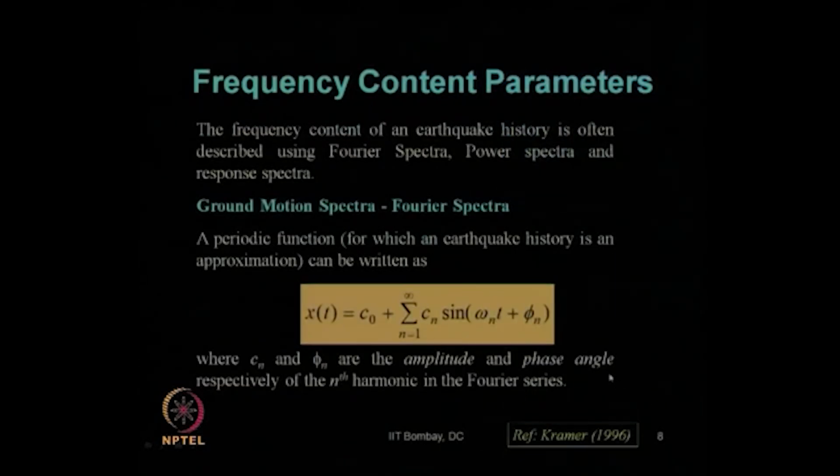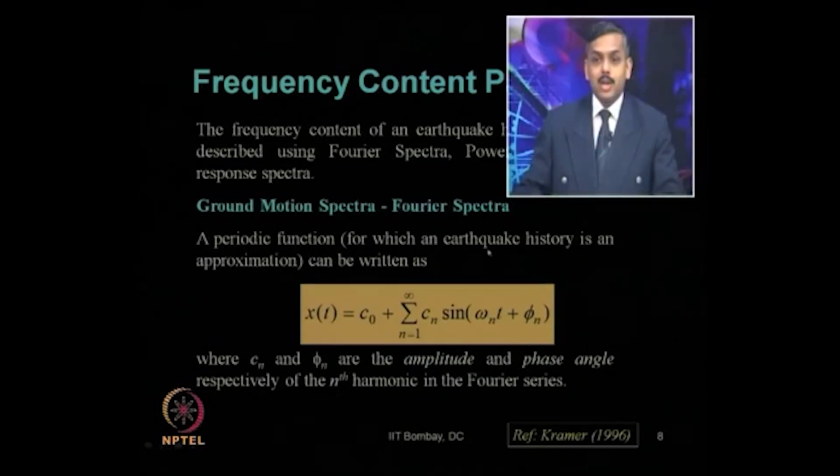Then to provide the frequency content parameter, we have seen that using Fourier spectra, power spectra or response spectra, we can find out how much frequency content exists in a particular earthquake motion. Fourier spectra is nothing but an assumed Fourier series of a randomly behaved earthquake motion that we express in the form of a Fourier series through this periodic function, where this value is the amplitude and this value is the phase angle, whether you consider acceleration or displacement.